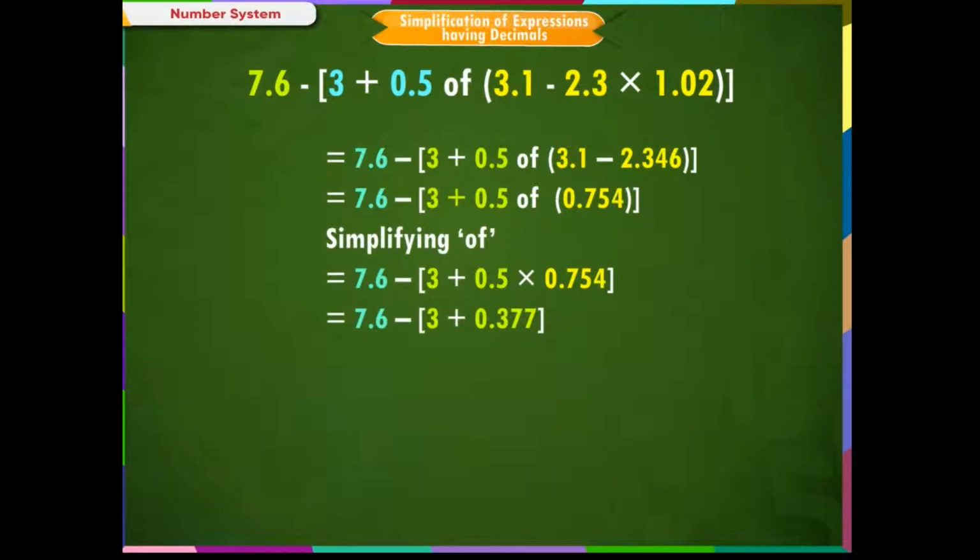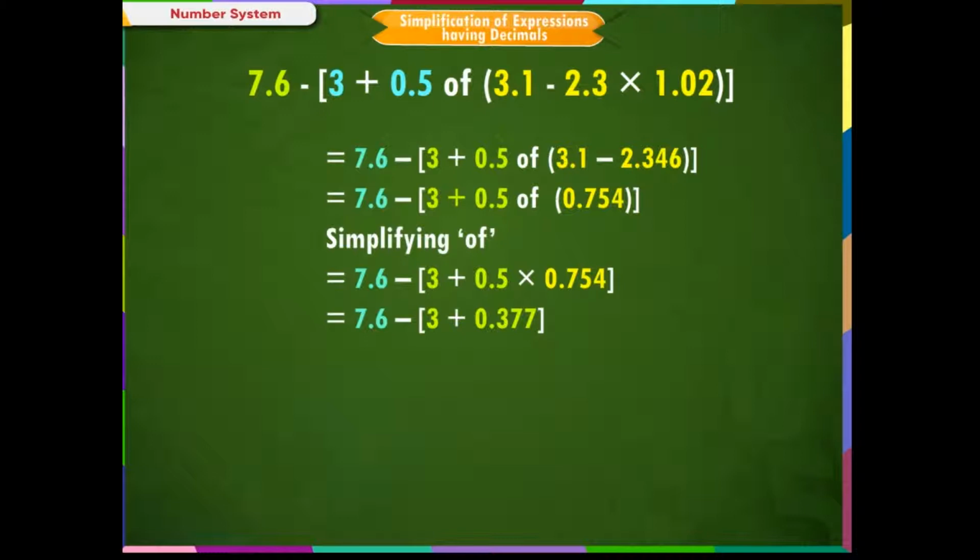Next, do multiplication inside the rectangular bracket. 0.5 into 0.754 is equal to 0.377. So we get 7.6 minus 3 plus 0.377.